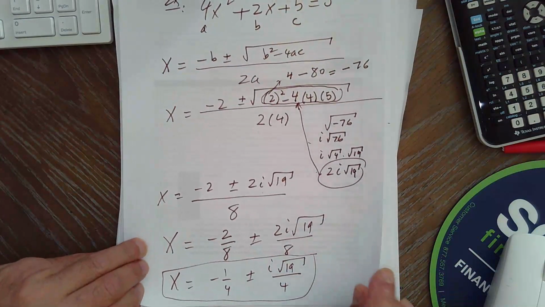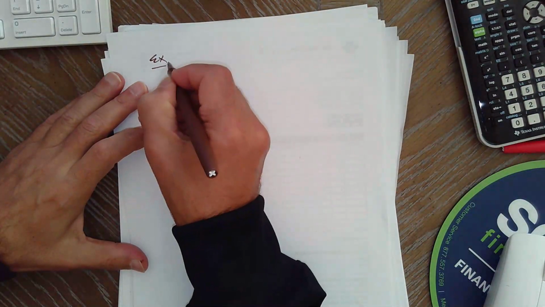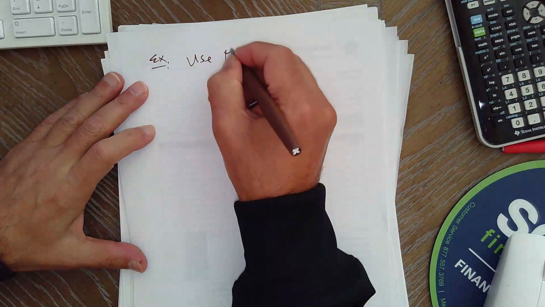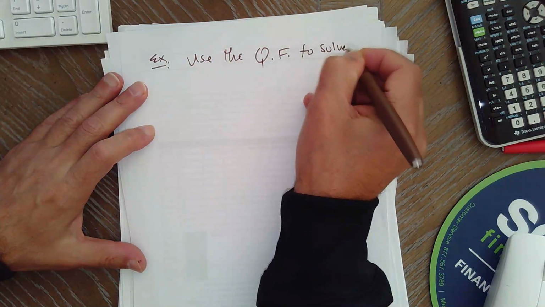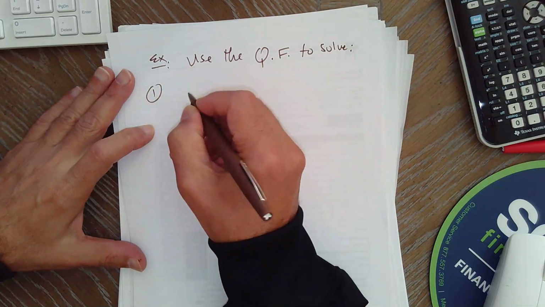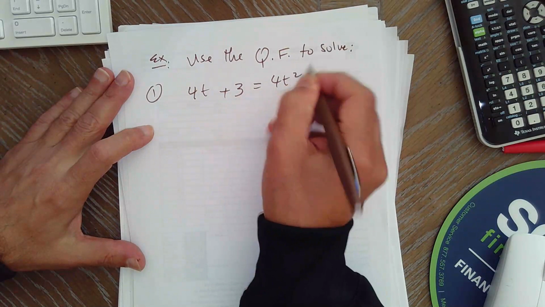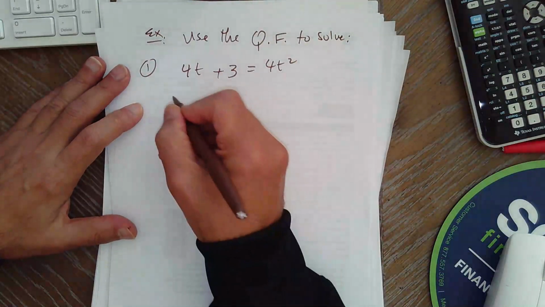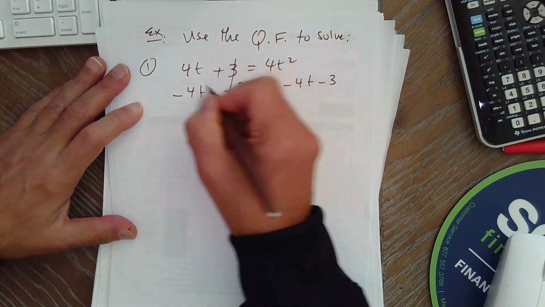So now let's practice more of the quadratic formula. Use the quadratic formula to solve. Number 1, 4t plus 3 equals 4t squared. So we're going to write it in general form first by subtracting the 4t and the 3.